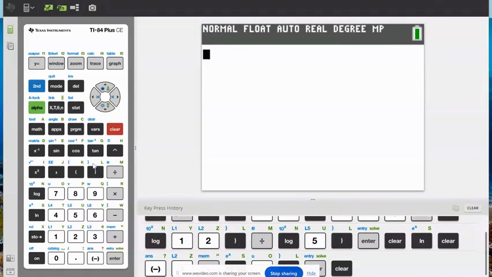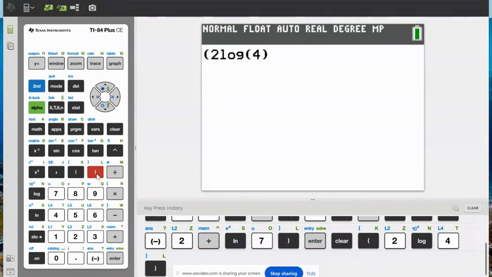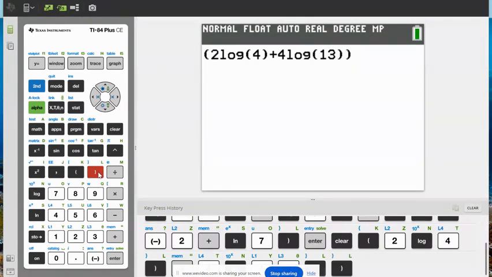So I'm going to open my parentheses up for the numerator, and I'm going to type in 2 log of 4 plus 4 log of 13. And now I'm going to close the main parenthesis. So that's the end of the numerator.